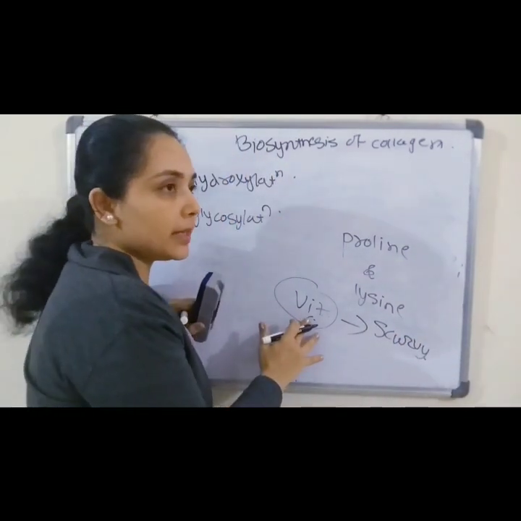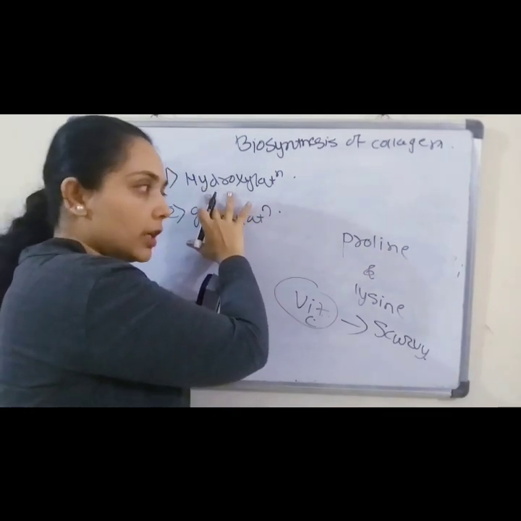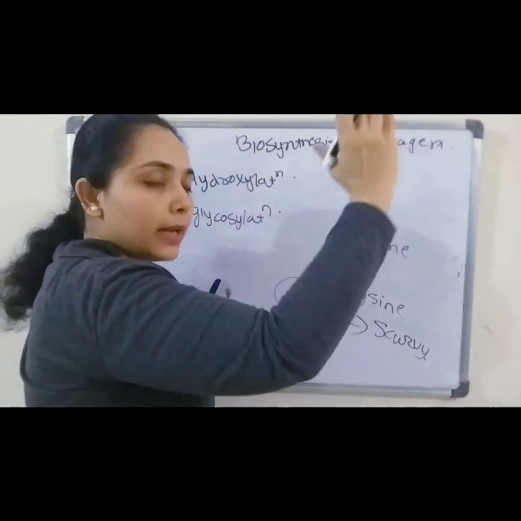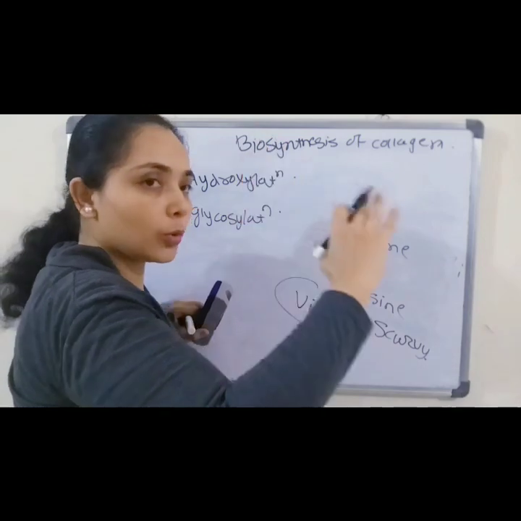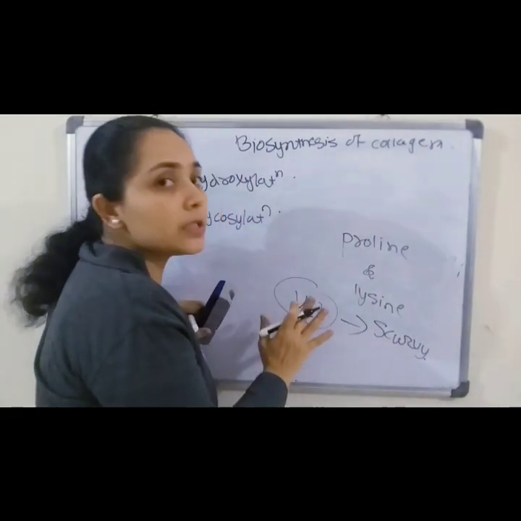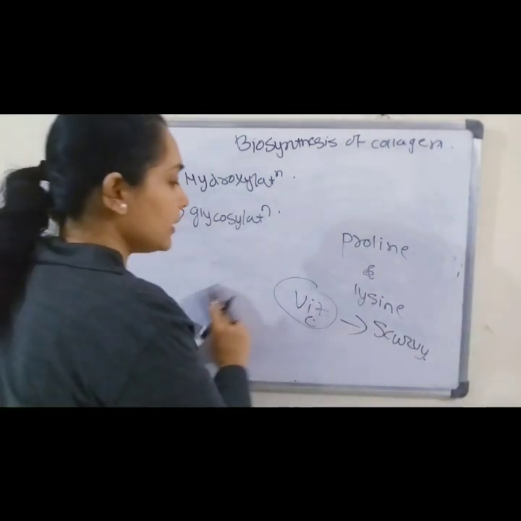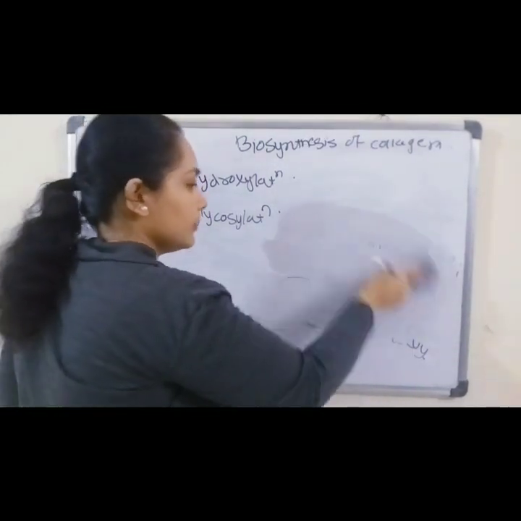So vitamin C is very important. So first is the hydroxylation, proline and lysine hydroxylation in the presence of the enzyme prolyl hydroxylase or lysyl hydroxylase, which requires vitamin C as an important cofactor.